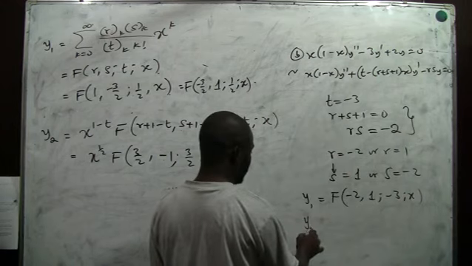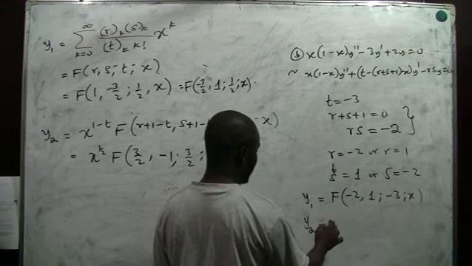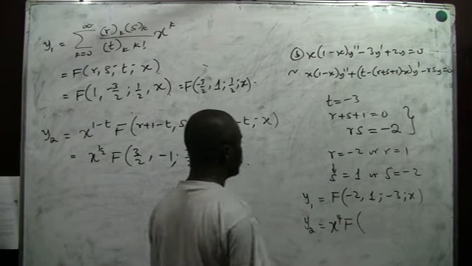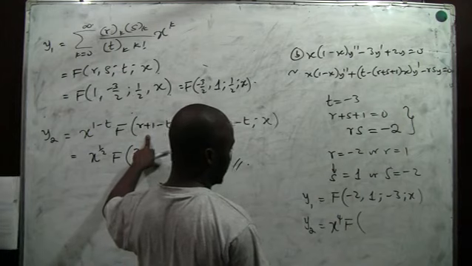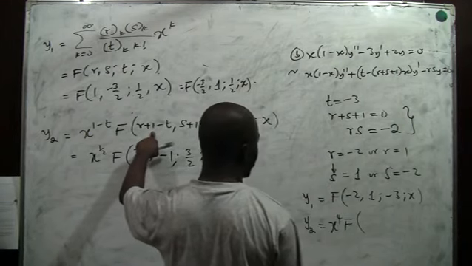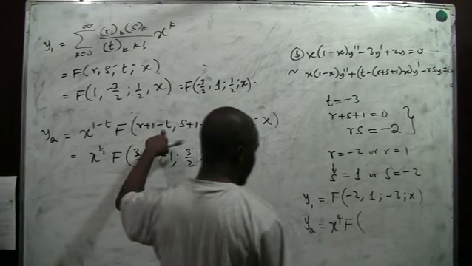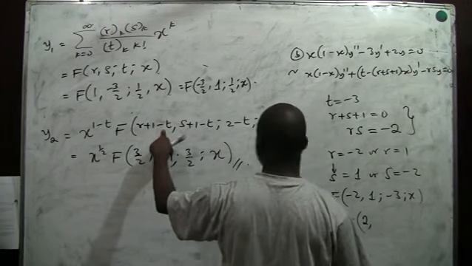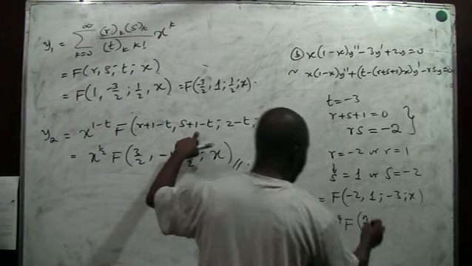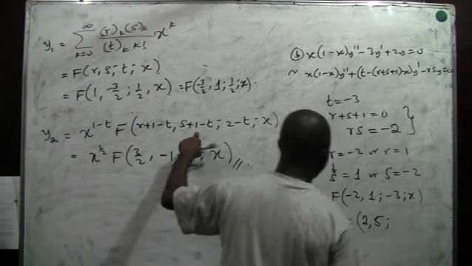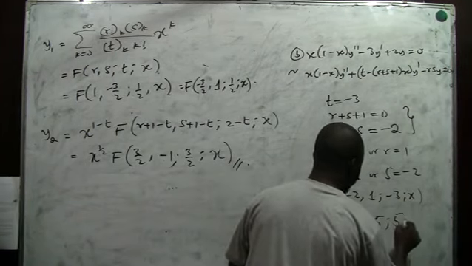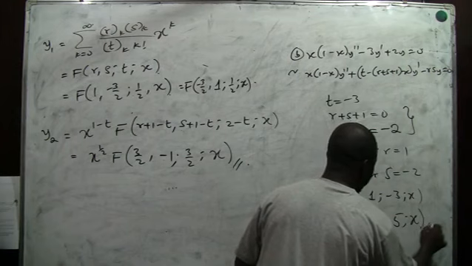The second solution is 1 minus t, that is x raised to power 4, F into r plus 1 minus 2 plus 1, which is a minus 1 plus 3 to give us 2. The second one, which is 1 plus 1, 2, that gives us 5; then I have 2 minus 3, which also gives 5; x.